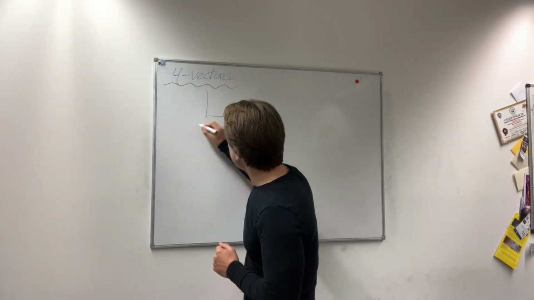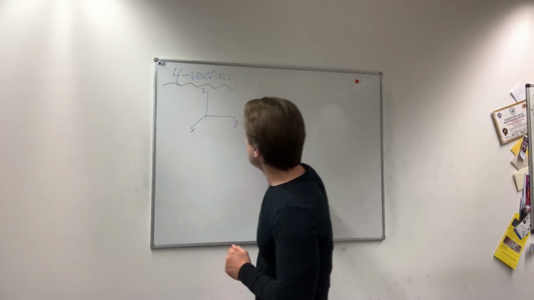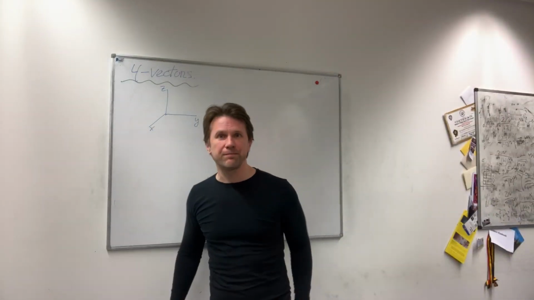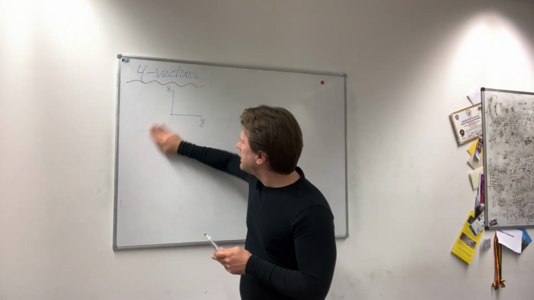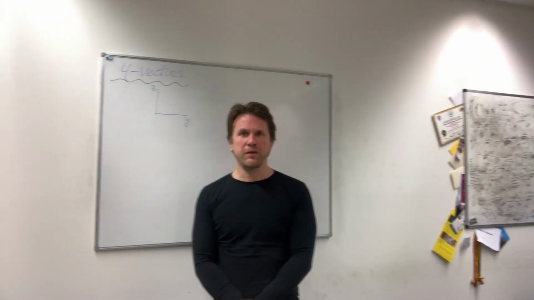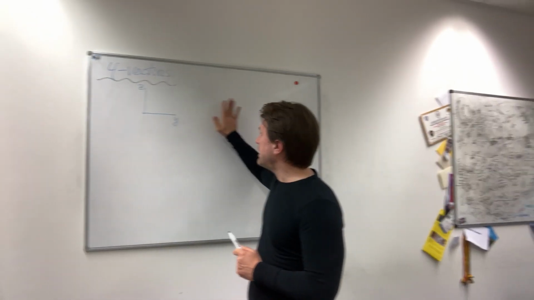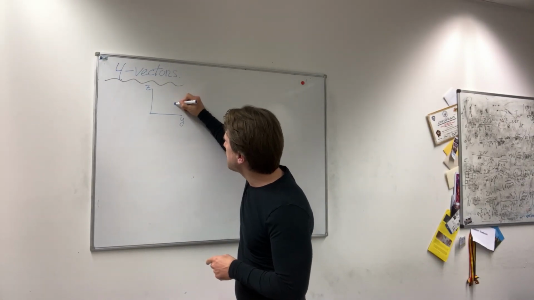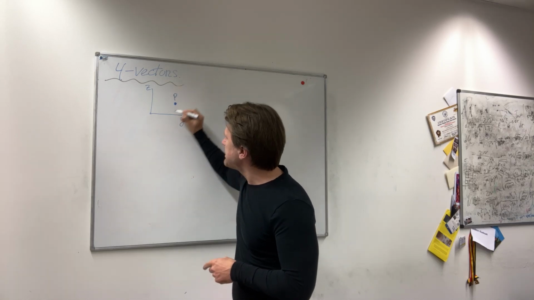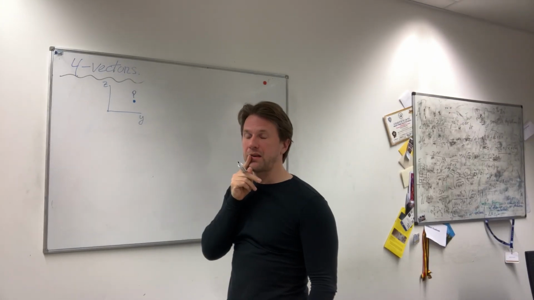So let's create a coordinate system just in normal 3-dimensional space. And actually, let's make it 2-dimensional, that makes it even simpler for the point that I want to make. Here's a 2-dimensional space, just the flat space of this whiteboard. And I can take a point P and locate it somewhere in this YZ space.